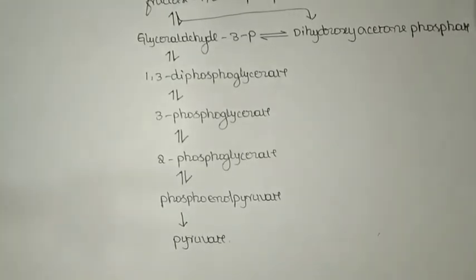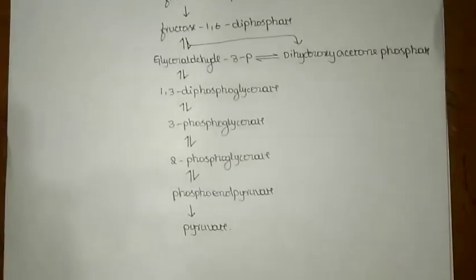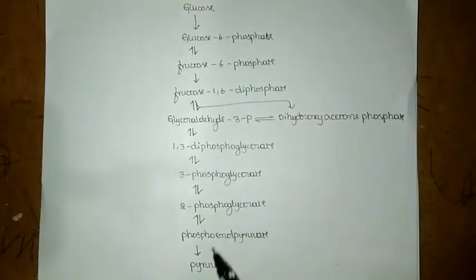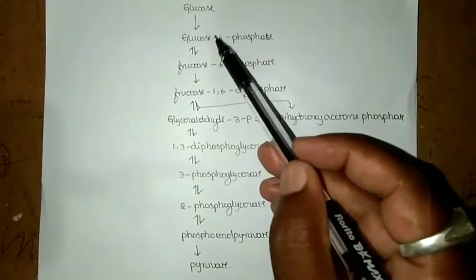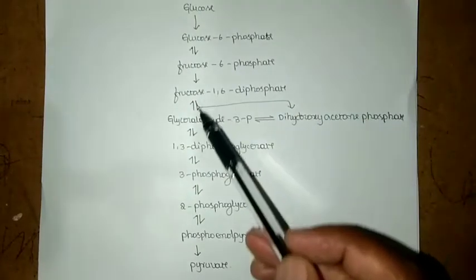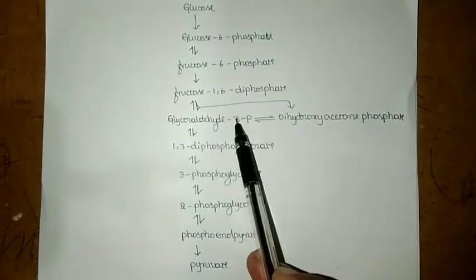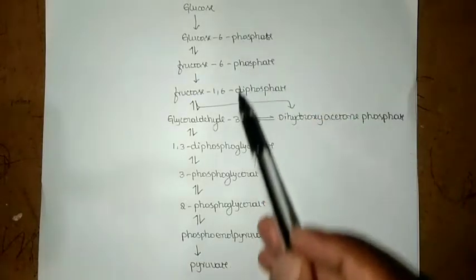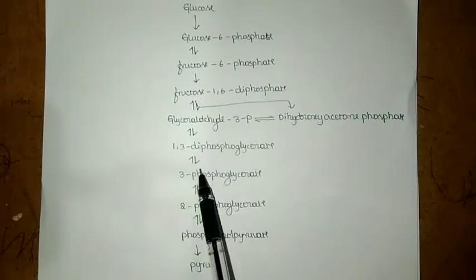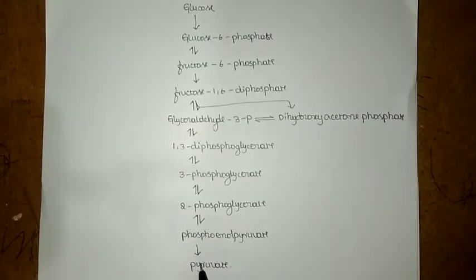So these are the total conversions. Here you can notice a total of 10 conversions: 1, 2, 3, 4 and 5, so 5 reactions, 6, 7, 8, 9, 10. As I told you in the very beginning, there are a total of 10 reactions that occur in glycolysis.